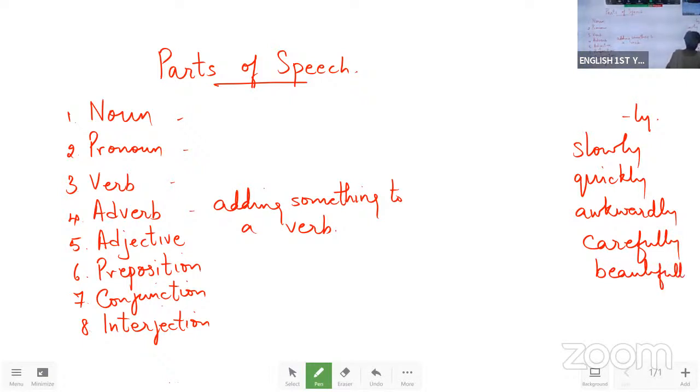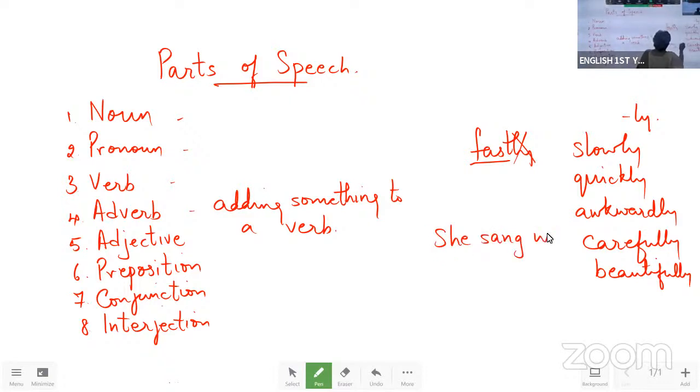Usually, I said, but there's such thing as fastly. Many children write fastly. There's no such thing as fastly. Fast by itself is an adverb. Likewise, she sang well. He ran fast. She, he are subjects. Ran, sang is verb. Well and fast are adverb.